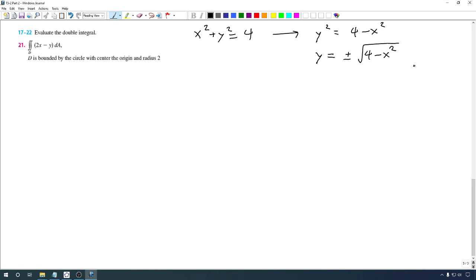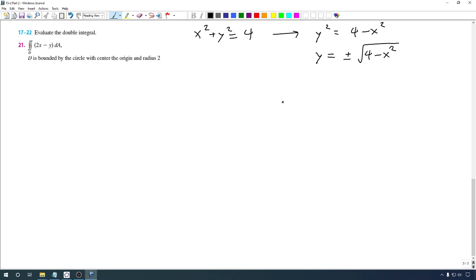As a type 2, we do the same thing, except we'd solve for x. We still have a square root where we have a plus or minus in front of it. And so either way, we're going to have this square root as our boundary functions. Since we can actually do either one, I'm going to do the type 1 route using the function that I've already solved for here.